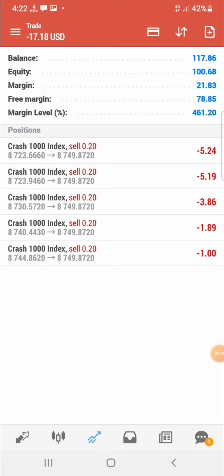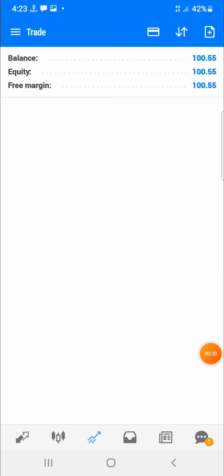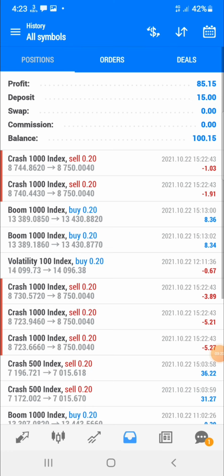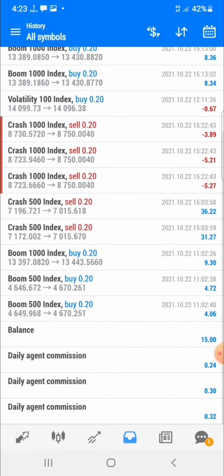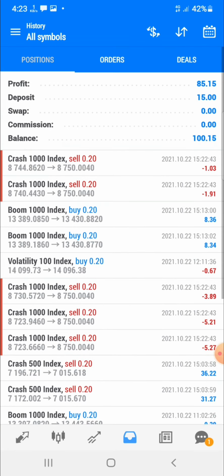You have to check the trend, make sure you're using the zoom 0 level or extreme level. Check if you are on the volatile or the less volatile one, in which the less volatile ones are the crash and boom 1000, and the extremely volatile one, which you should be careful with, is the boom and crash 500 index.